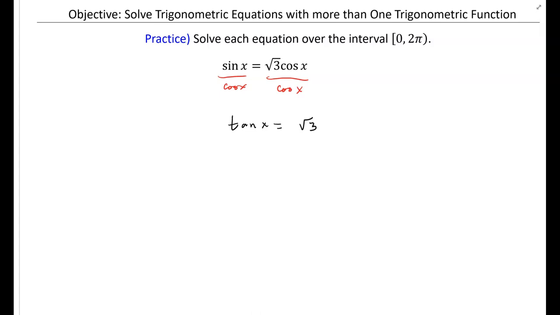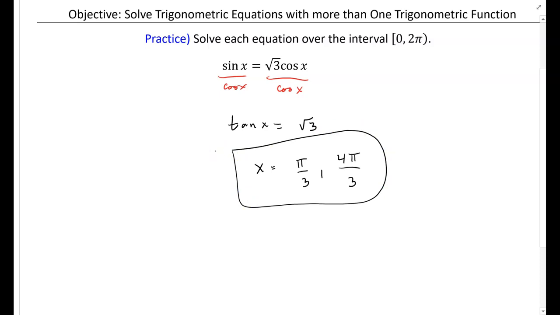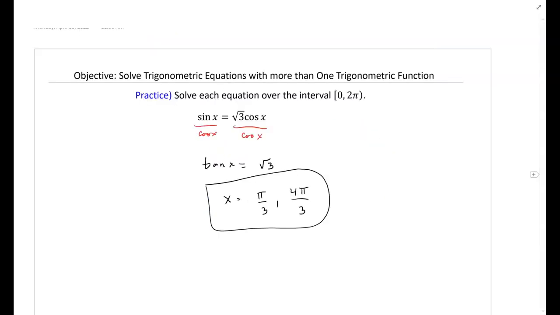Okay, and we need to know, where is tan of x equal to root 3? Well, square root of 3 is the bigger value. That's going to go with the bigger angle, which is pi over 3. And then again, in quadrant 3, tangent of x is also positive. So we have 4 pi over 3. Okay, all right.